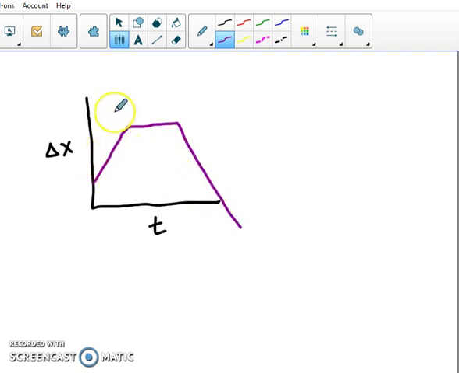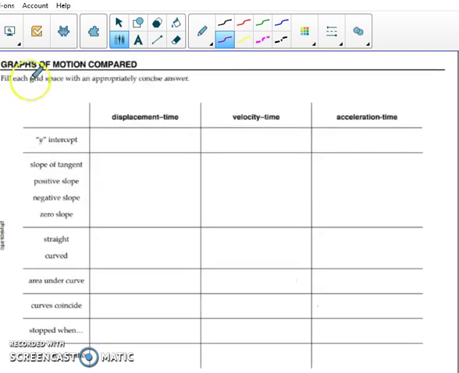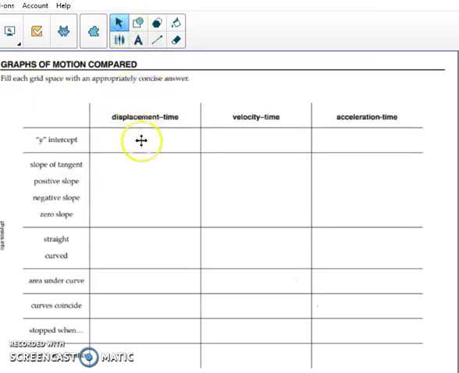The first thing we have is, what does the y-intercept mean? Well, the y-intercept is where, at time equals 0, your position is. So this is your starting position, your initial position at time equals 0.